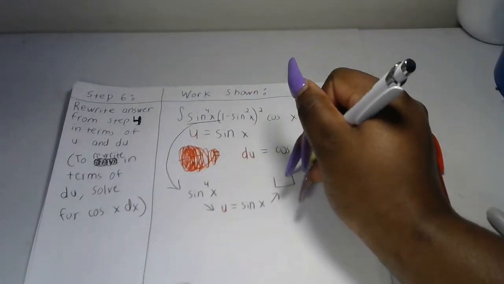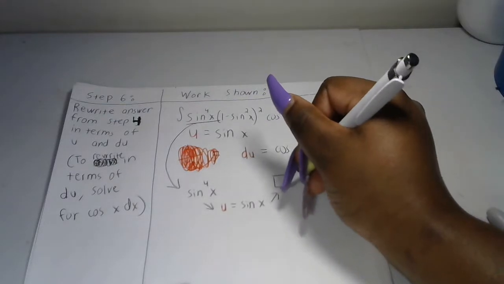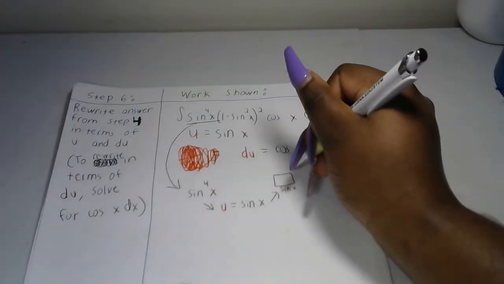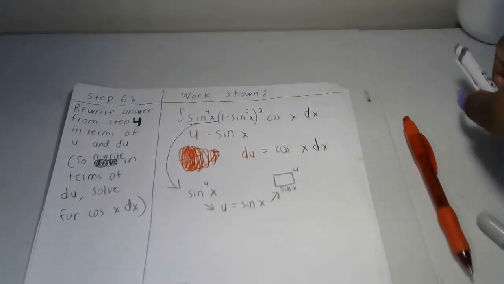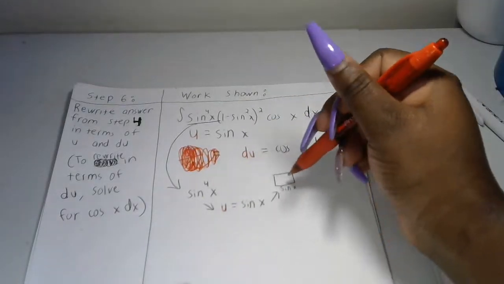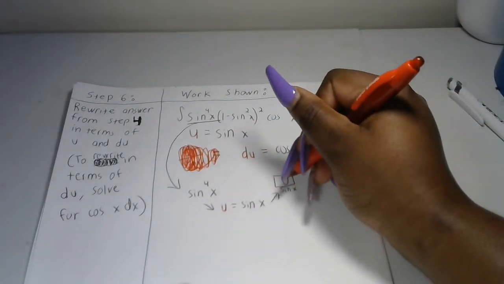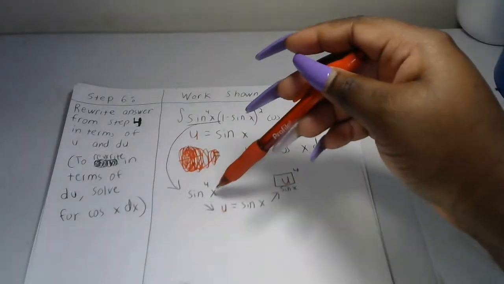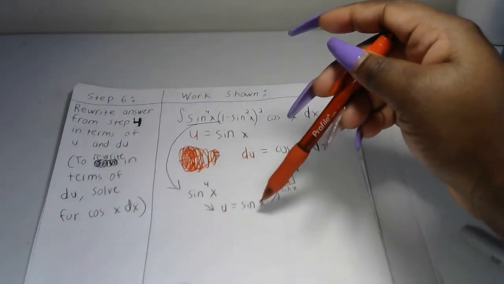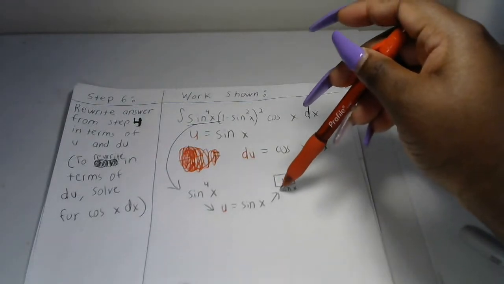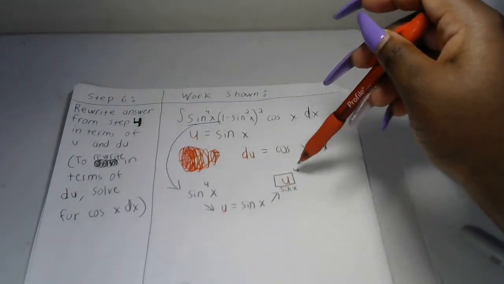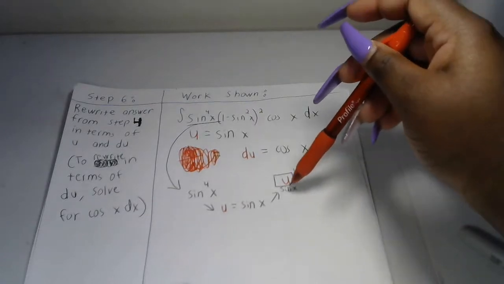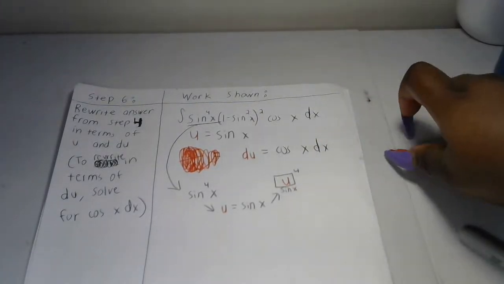Let me put a box here to resemble sine x, and then put a 4th here because it was sine x to the 4th. But since we're substituting u for sine x, we'll just do u to the 4th. Everywhere we see sine x, we're going to put u instead.